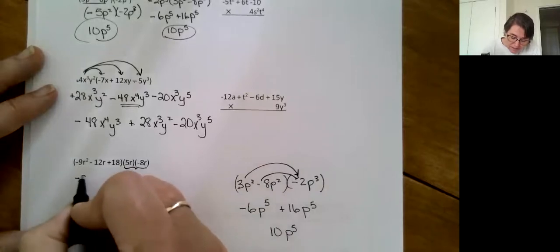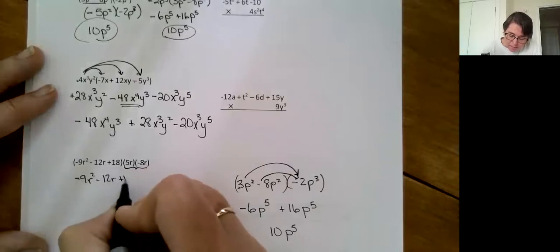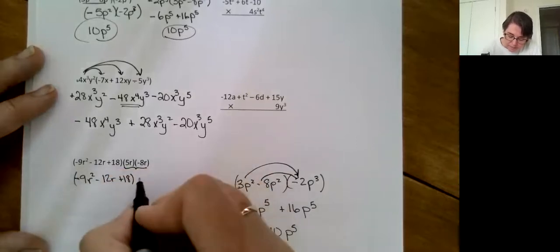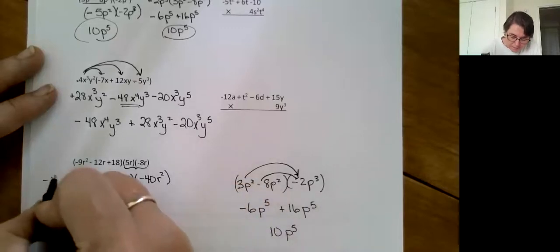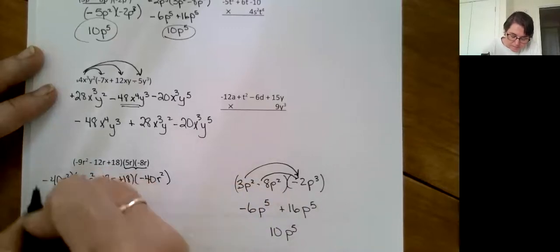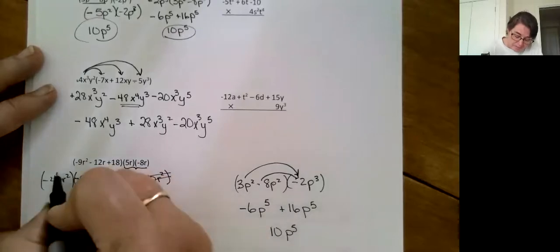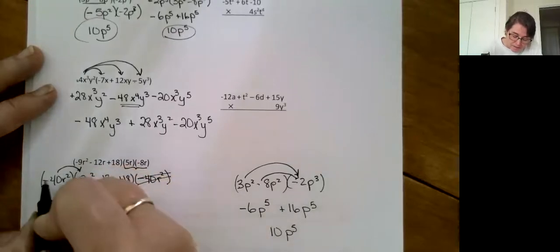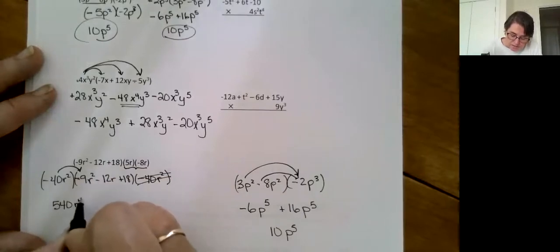So we got minus 9r squared minus 12r plus 18. And this is minus 40r squared. And in fact, I'm putting it in front because that's where I like putting them because it's easier to multiply that way. Negative 40 times negative 9 is 540 r to the 4th.